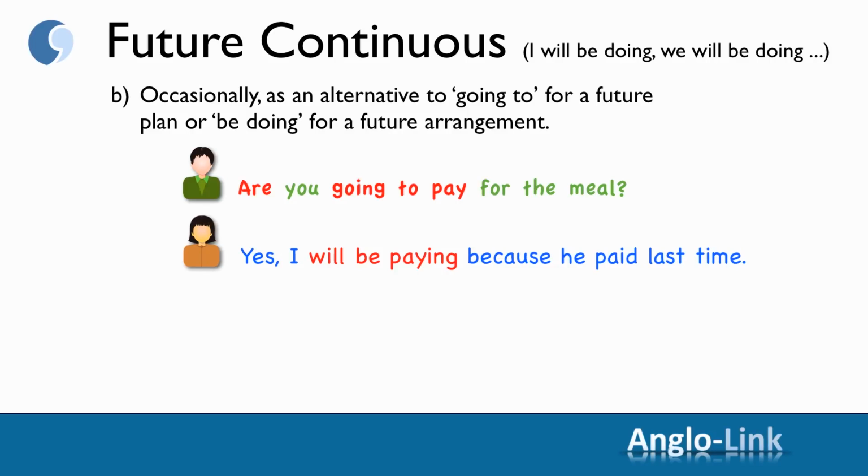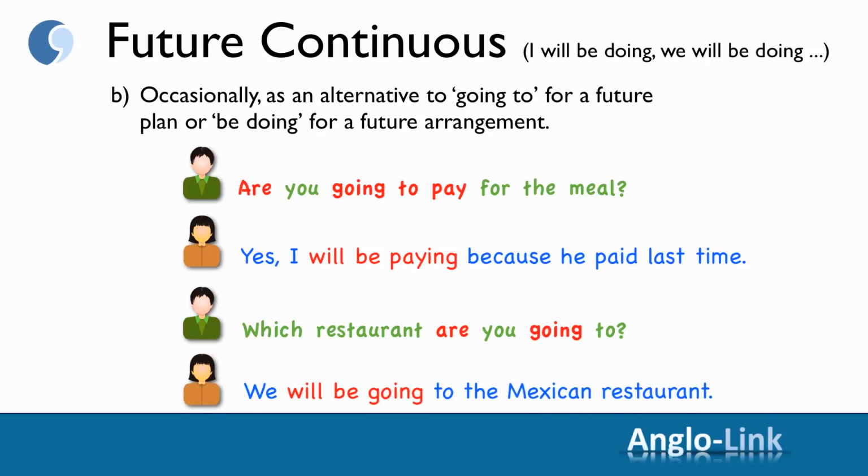In this example, the future continuous tense will be paying has replaced the going to pay. Which restaurant are you going to? We will be going to the Mexican restaurant. In this example, the future continuous will be going has replaced the present continuous for a future arrangement, are going.